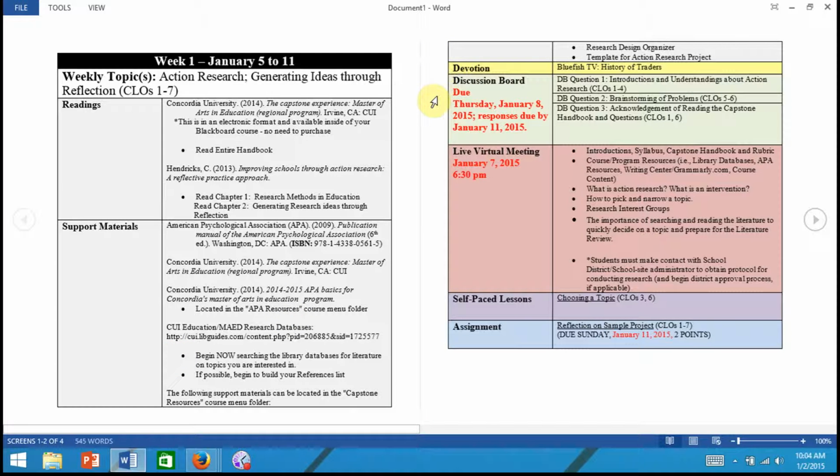Moving on to the first week, please note that there's a discussion board topic due Thursday, January 8th, and a lot of the questions are based on the self-paced lesson on choosing a topic. It is designed for students who have not chosen a group or even thought about a topic, to put their ideas out there, form groups and decide on topics.